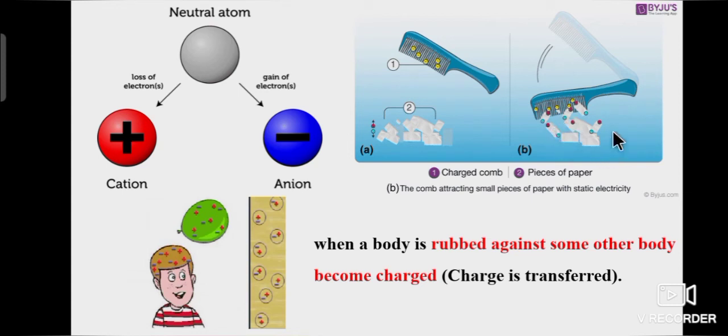The comb attracts the papers, because the comb has a negative charge. So, it will attract the positive side of the papers. So, attraction takes place.